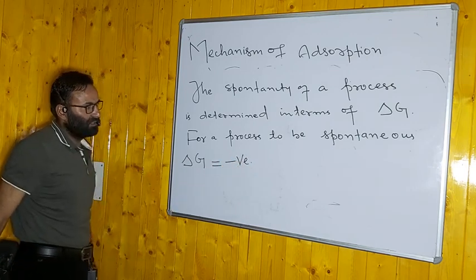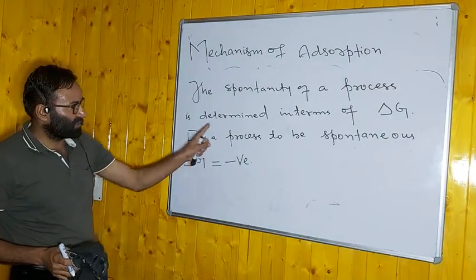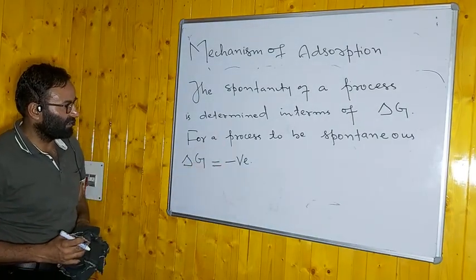For a process to be spontaneous, delta G must be negative. Remember this point.